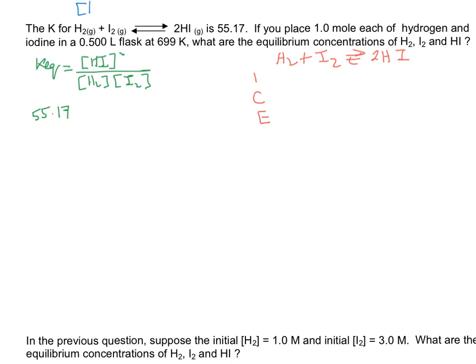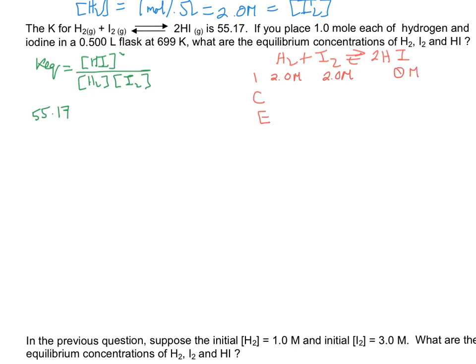Concentration initially of the H2, 1 mole divided by 0.5 liters, so that's going to be 2.0 molar. And that's the same for the I2 initially as well. So for the ICE chart, initially this is 2 molar, and this is also 2.0 molar. And initially we don't have any product yet, so that's 0 molar.